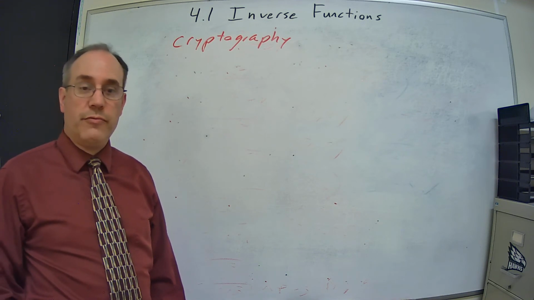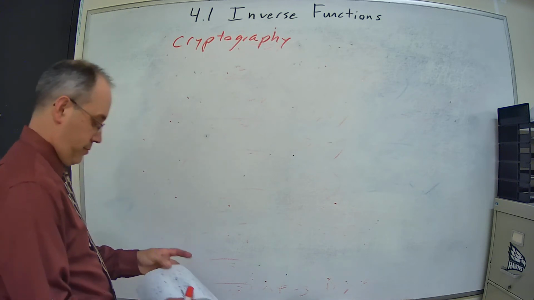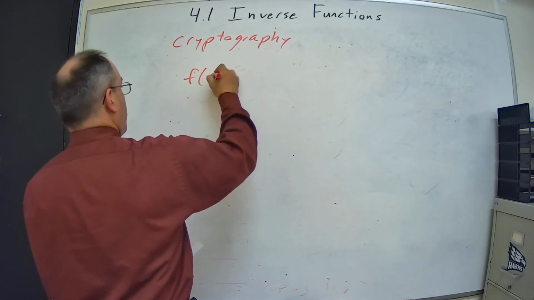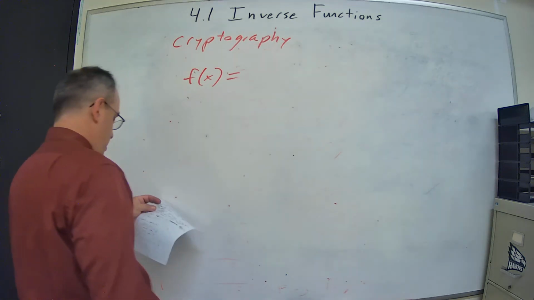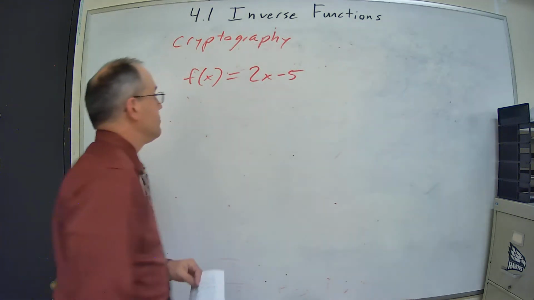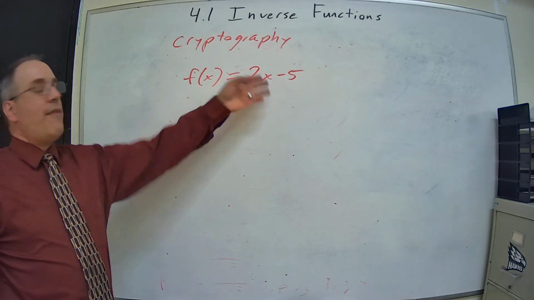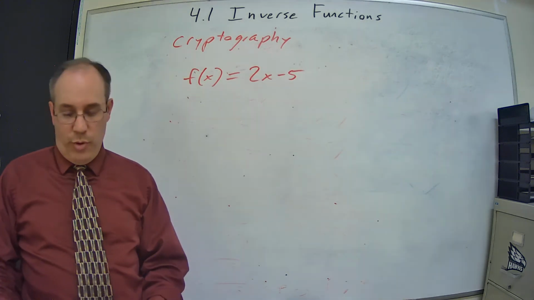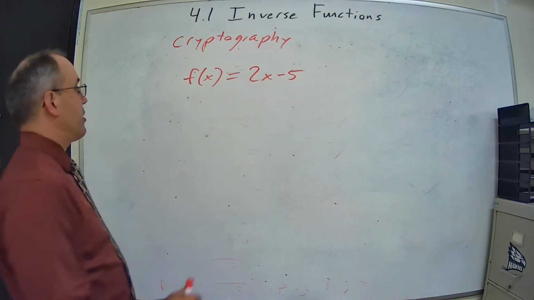Well, very simply, let's use the function f of x is equal to 2x minus 5. So we have this function. We came up with this function. And we want to start with something very simple.